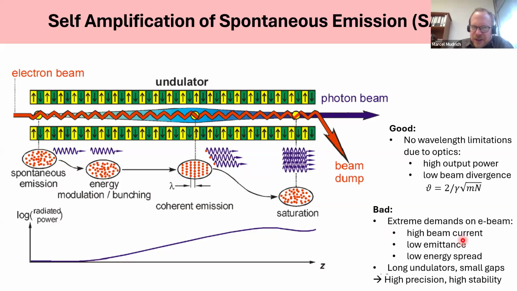But in order to realize this SASE mechanism, it imposes extreme demands on the electron beam, in the sense that it needs very high beam current. Because imagine that this undulator radiation has to be strong enough to back couple to the electron bunch and actually influence the motion of the electrons, which means that the magnetic field of the undulator radiation emitted by the electrons has to be on the order of magnitude of the external magnetic field from the undulator itself, which is on the order of a Tesla or so.